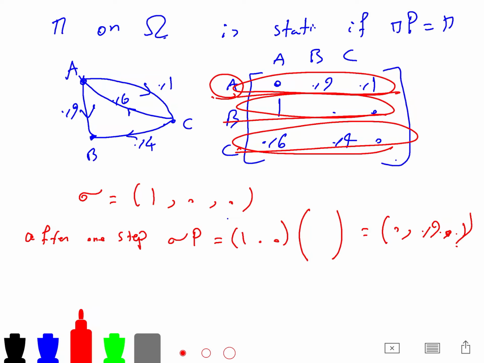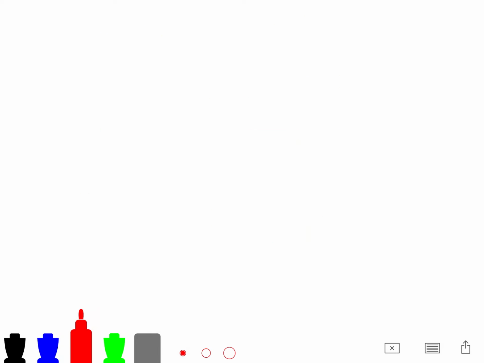So this is still not stationary, as you see, because this should be satisfied in order to say that it is stationary. The probability of reachability is very important in the future of these theories.